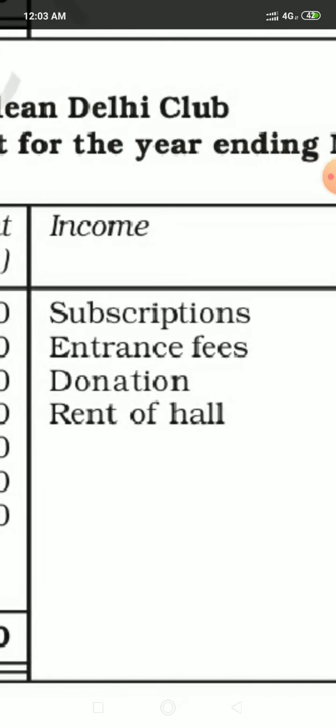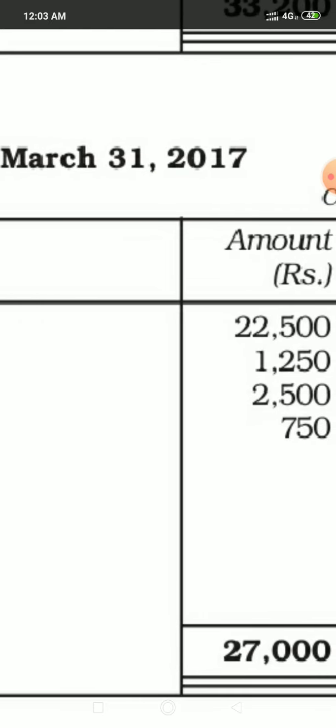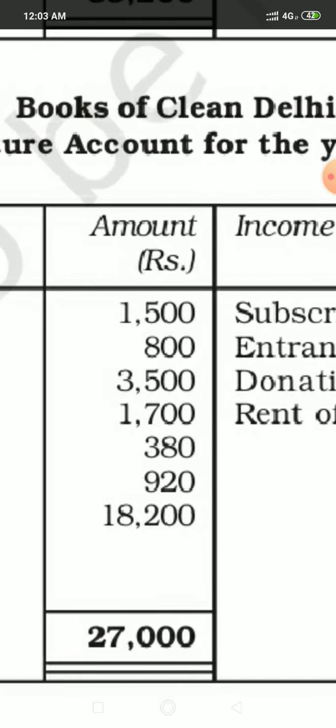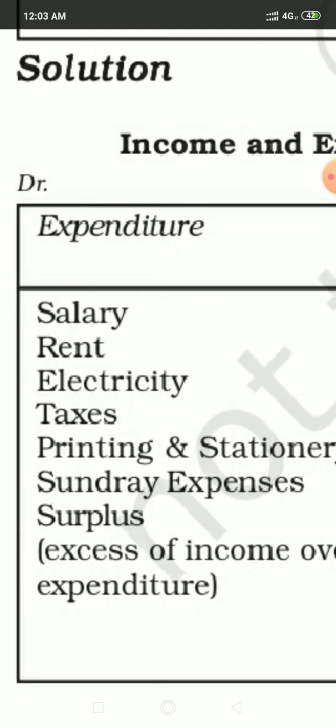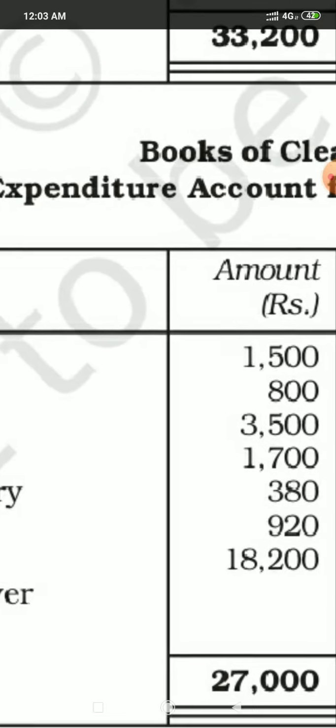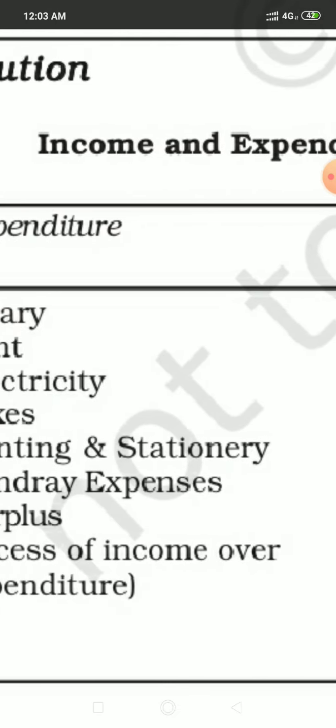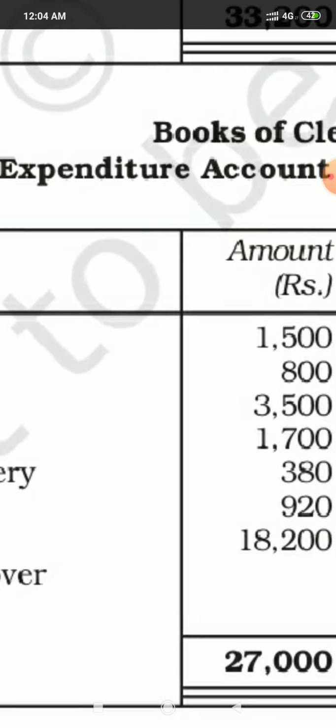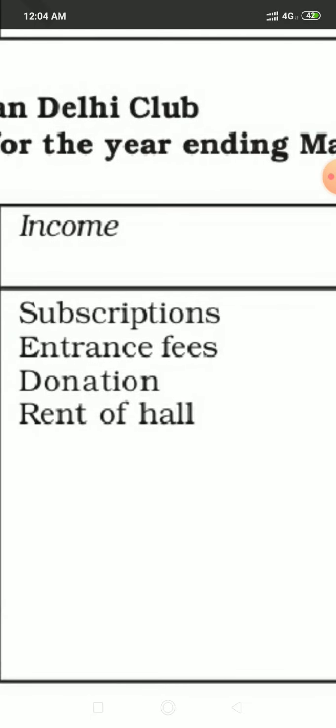In this question, the income side is bigger than the expense side, so to surplus will come. But if in any question the expense side is more than the income side, then by deficiency will come on the income side. Okay, clear?